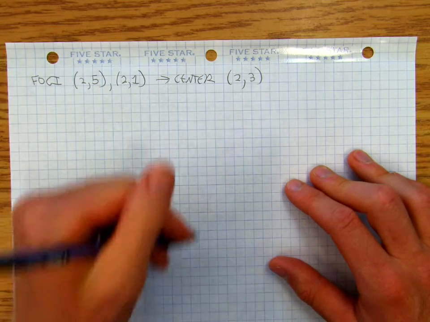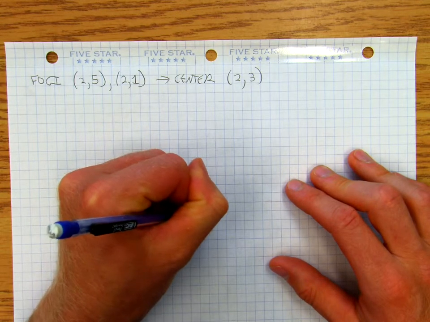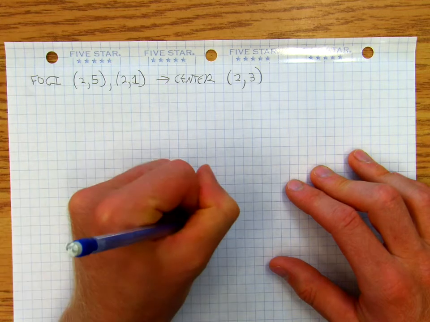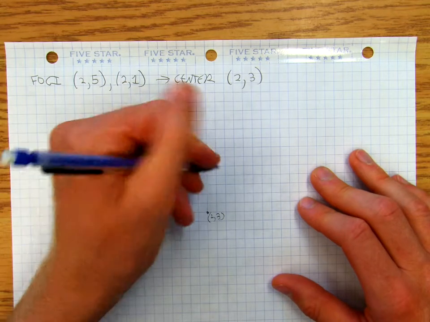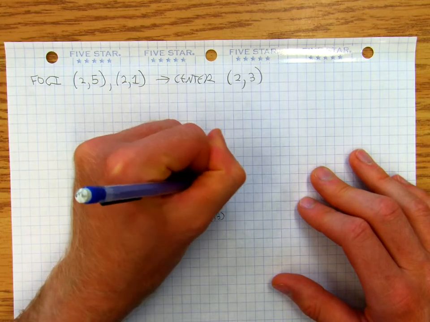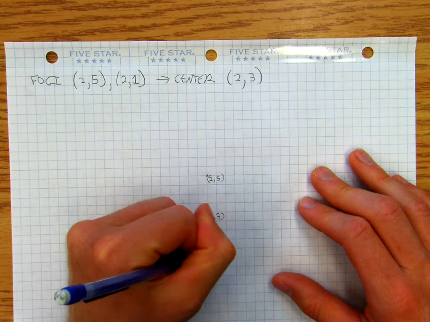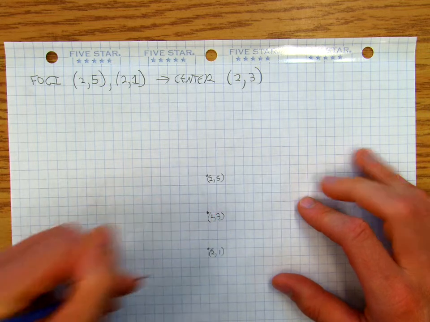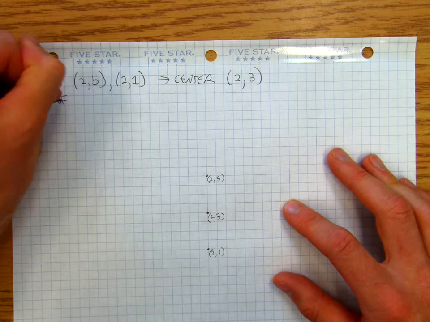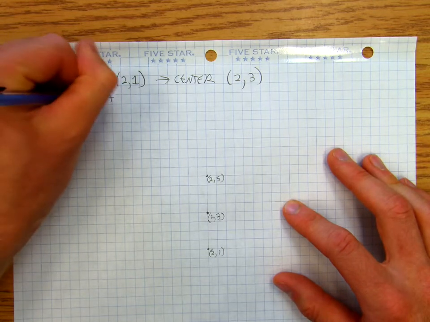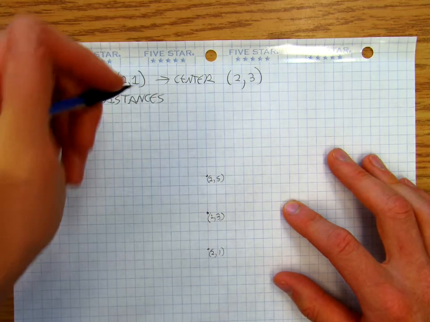So I'm going to say this is (2, 3), and this is (2, 5), and this is (2, 1). And I have to know what the sum of the distances is. That has to be a given that I just have to make up.